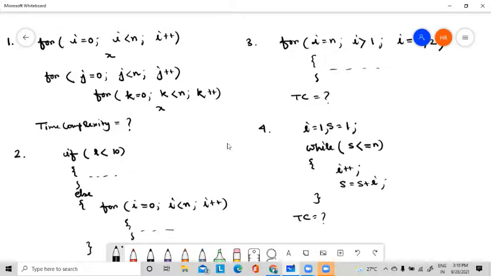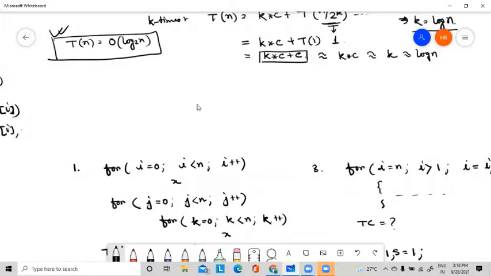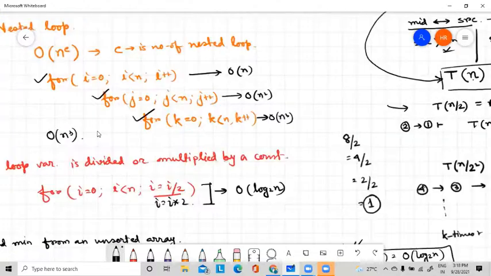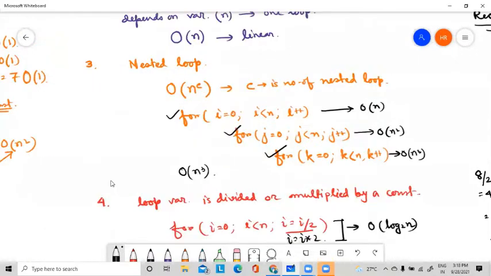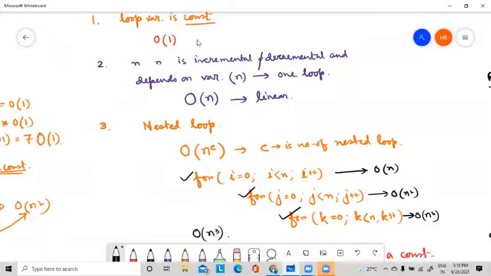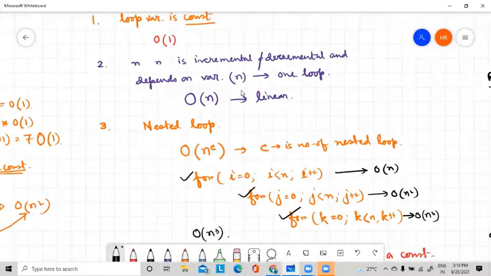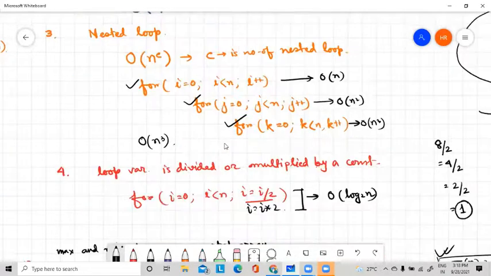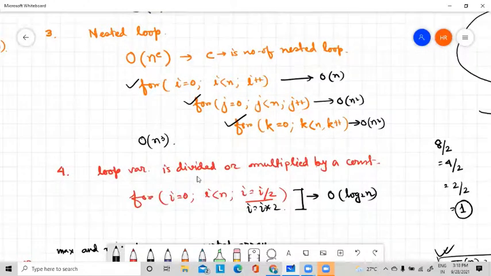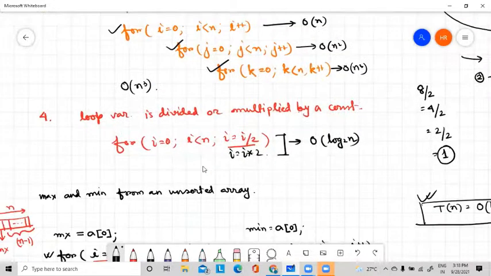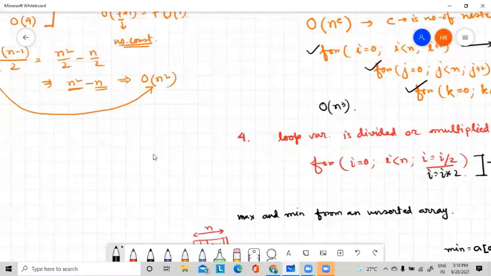Again, you need to remember these things when you are calculating the time complexity: when we will get constant, when we will get linear, when we will get polynomial, when we will get the logarithmic time complexity. These things you have to remember.